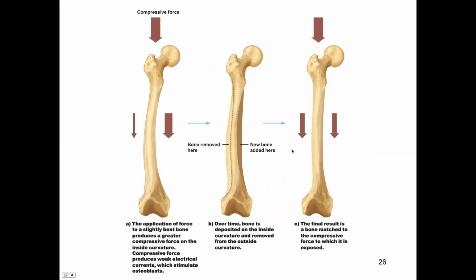So it's going to do its thing, and it will change its shape to modify itself towards the type of activity that you are engaged in. So you can see that not only does the skeleton remodel, but it can also change its shape to adapt to changing conditions.